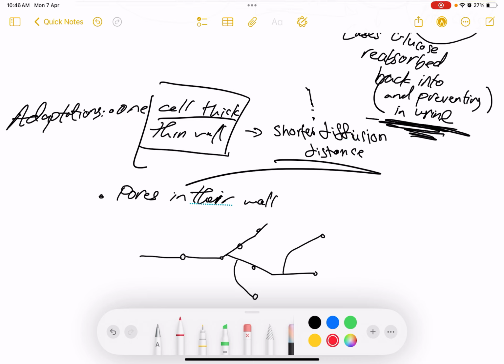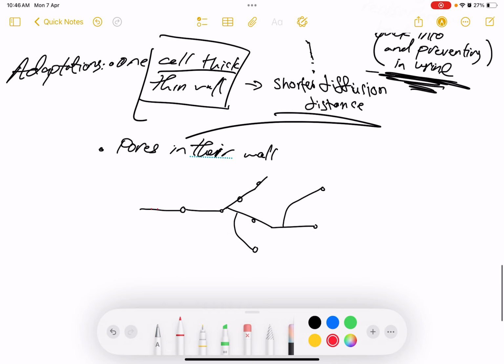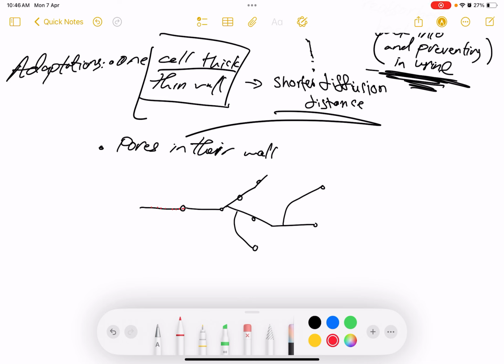These are the blood capillaries, and the blood is flowing through them. Then I have this opening. This tiny little circle is a pore or pore space that allows the blood to be filtered out.